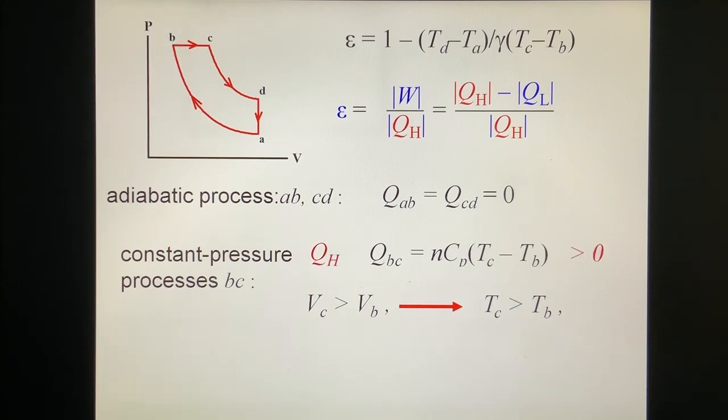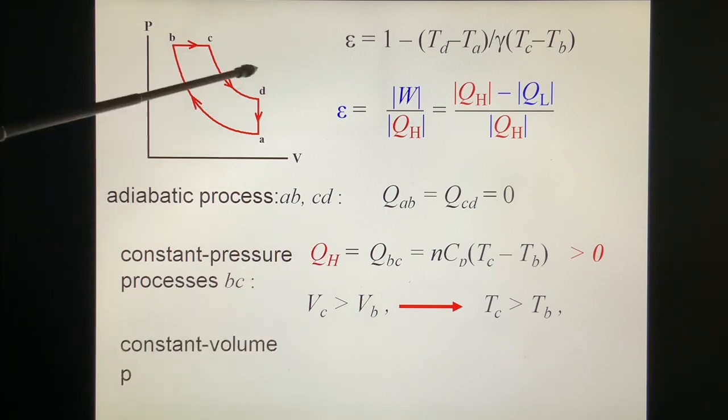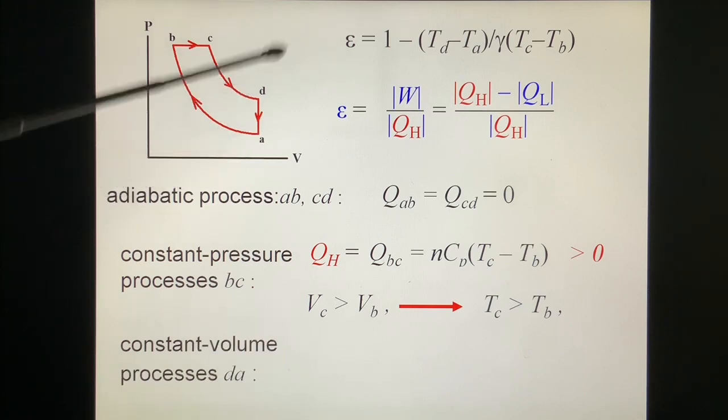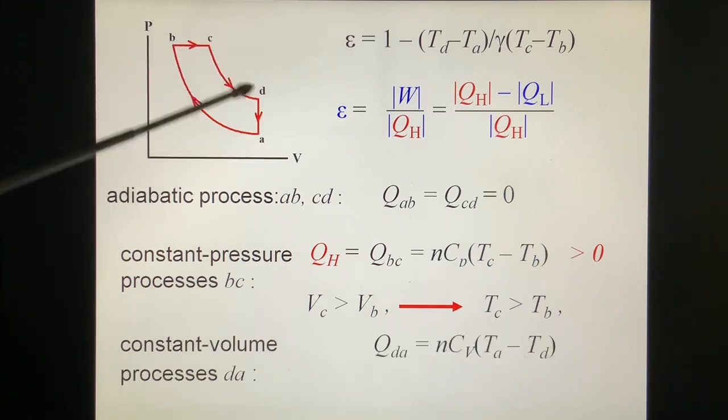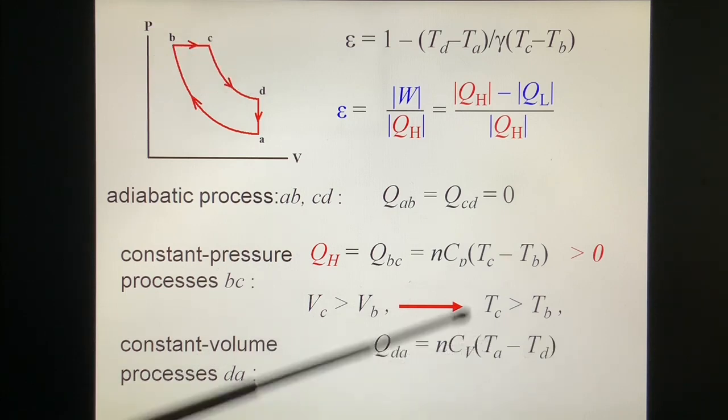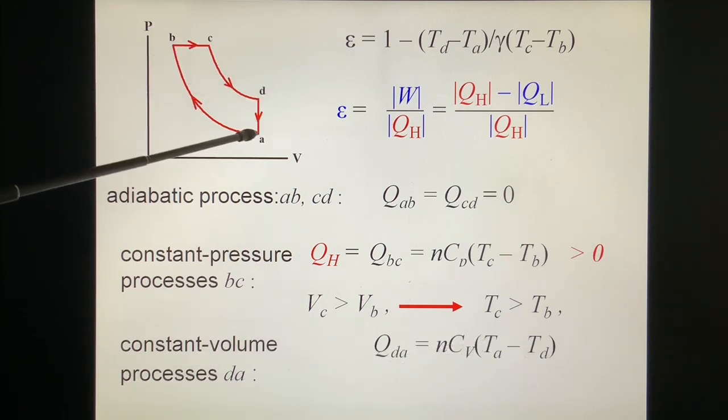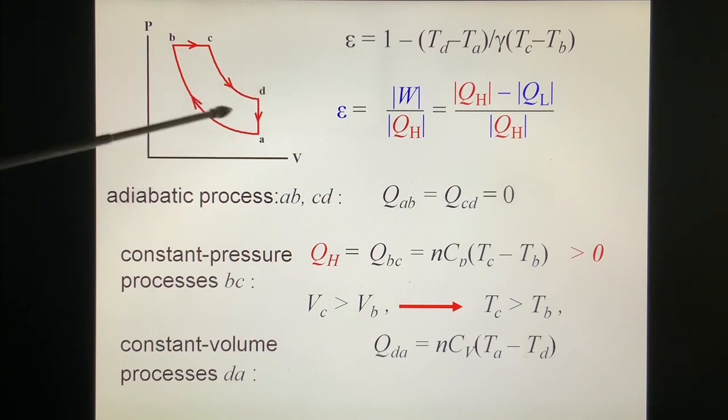So this is the Q high. And let's see the constant volume process. In this process, W equals 0, right? So Q equals N CV times T final A minus T initial D. Looking at this, with the same V, PA is smaller than PD.